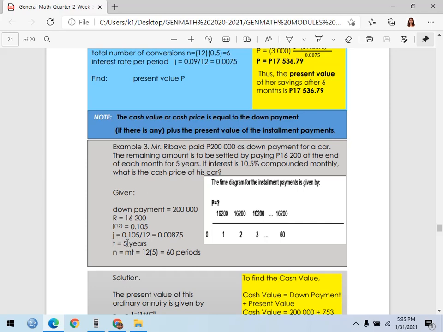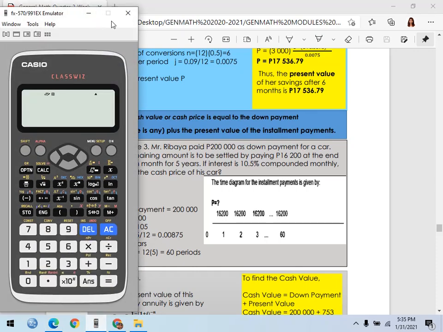Next, J is again computed by I divided by M. I is yung kanina, which is 0.105 divided by M. So, M here, nakalagay compounded monthly. So, kung monthly yan, M equals 12. So, 0.105 divided by 12. So, let us use the calculator.